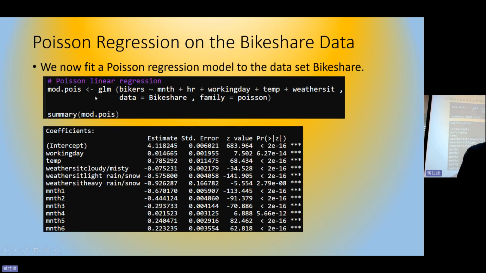In this case, we can fit the Poisson regression model to the bike share data set. The only difference is that we specify the family to be equal to Poisson. Everything else is the same. We specify the response variables, and then we specify the family equal to Poisson, and then we can generate the output here.